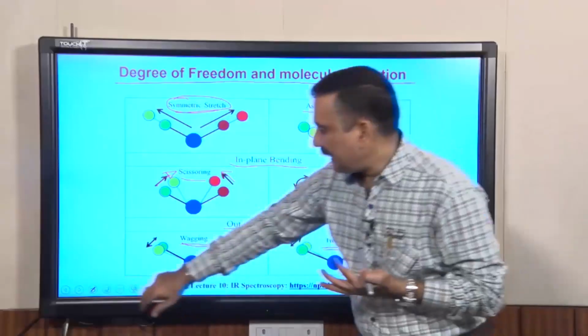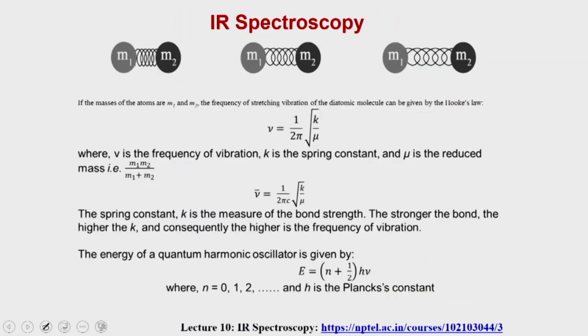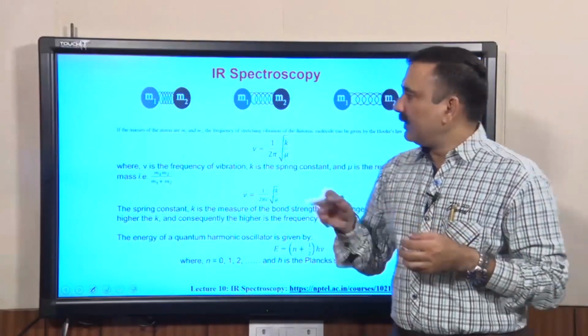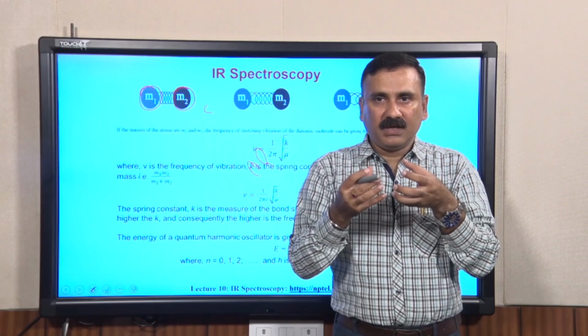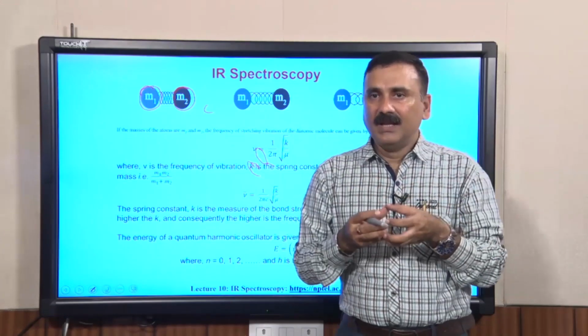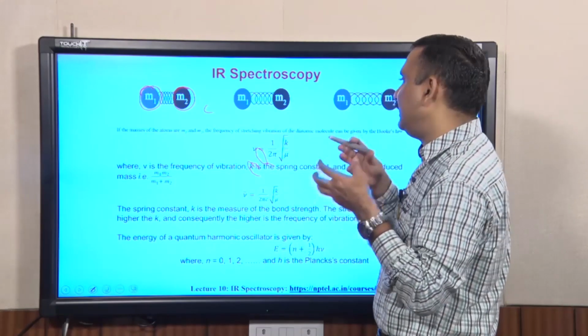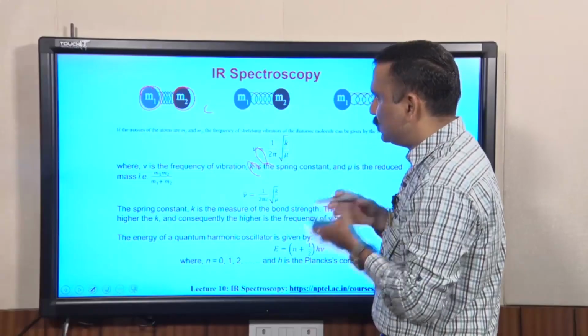You can imagine that if two atoms are connected to each other with a spring, one called M1 and the other called M2, having molecular masses M1 and M2, associated with a particular spring. They can have different types of motions.